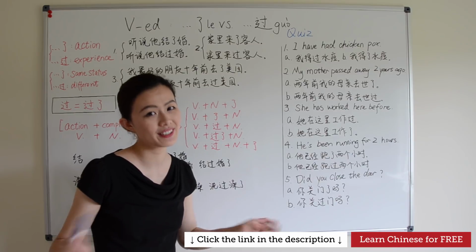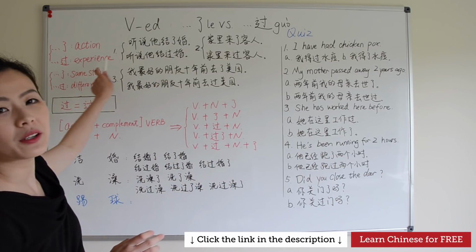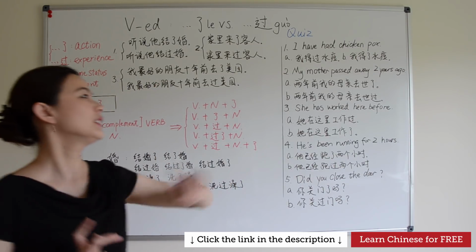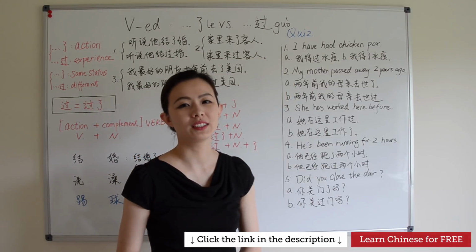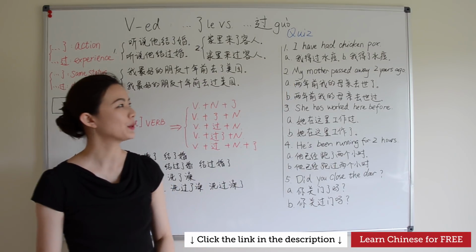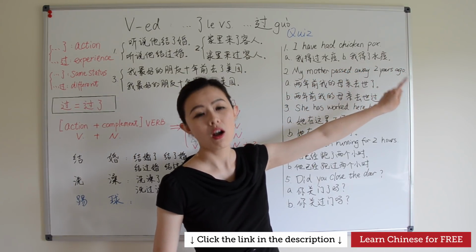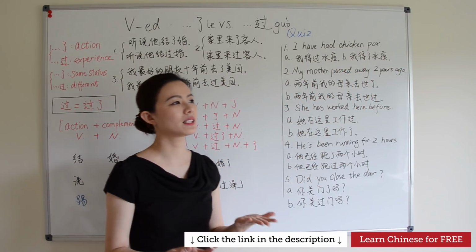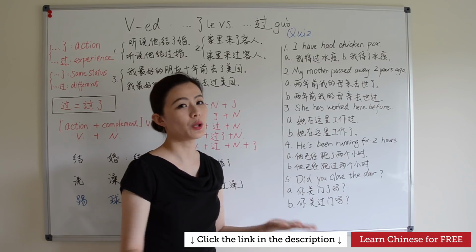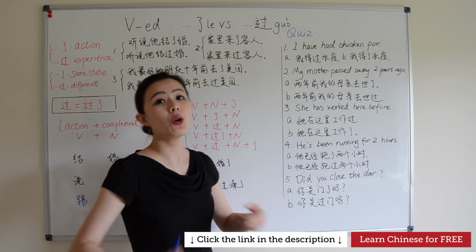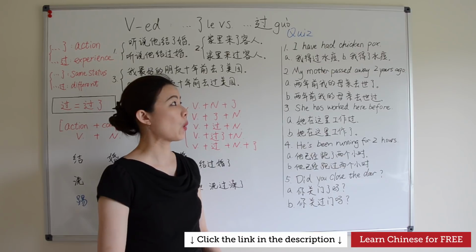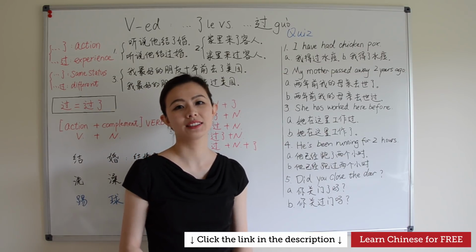Now I don't have it. So, experience and different status. It's A. 我得过水痘. 我得过水痘. But if you say 我得了水痘, it means I got this 水痘, this condition, and I still have it. So I have chicken pox now.